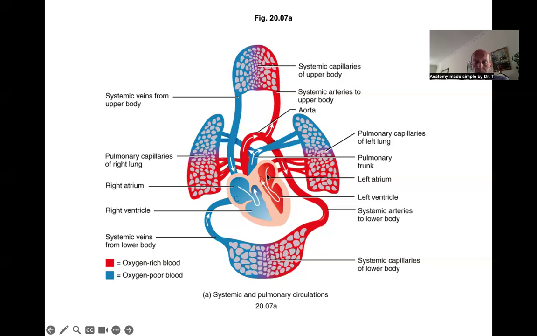Again, the color difference between them denotes that the right atrium is the one which receives venous deoxygenated blood from the body, and then, as the white arrow indicates, it sends it down from the right atrium into the right-sided ventricle, from which deoxygenated blood enters the pulmonary trunk.